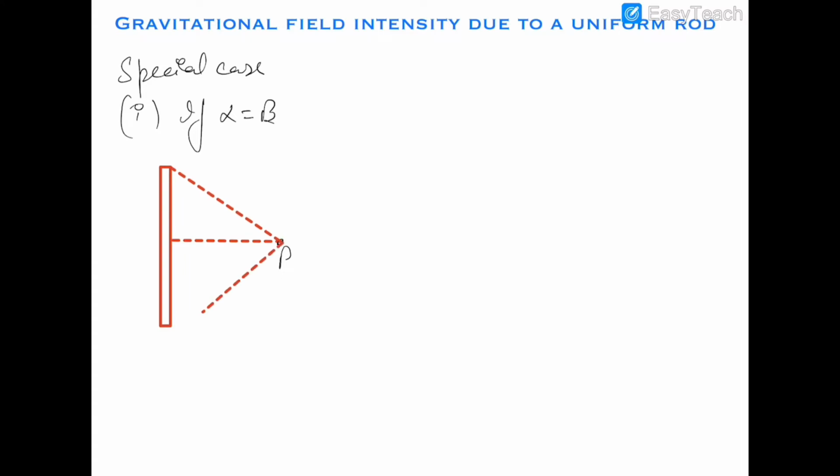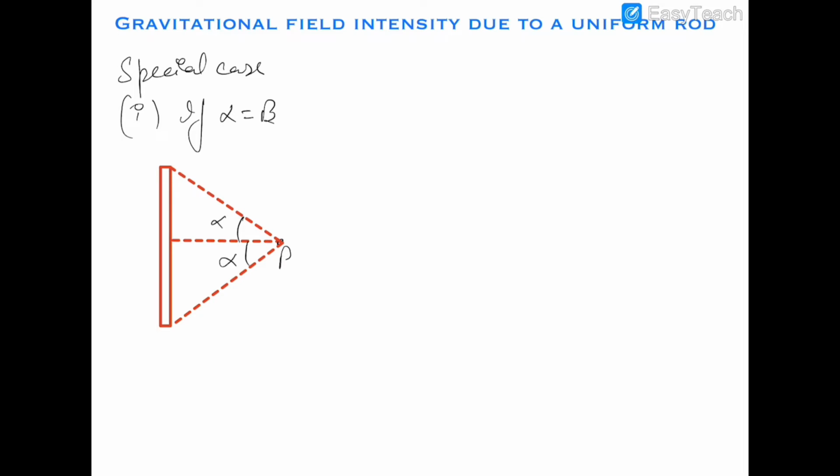is the fact that if alpha is equal to beta, the point is symmetric. If I show you this scenario, where alpha and beta are equal, then this point lies on the perpendicular bisector of the rod, like that, and this is equal, let's suppose alpha and alpha.